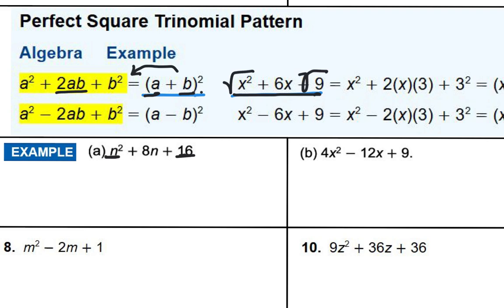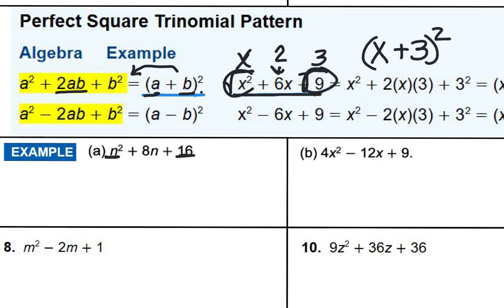So this is x, and this is 3. If I say 2 times 3 times x, that gives me 6x. So that means that I could just write this as x plus 3 squared. The key is these a and b have to be perfect squares.